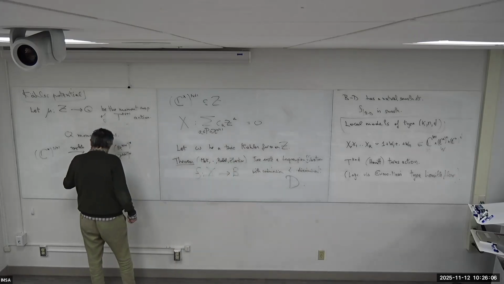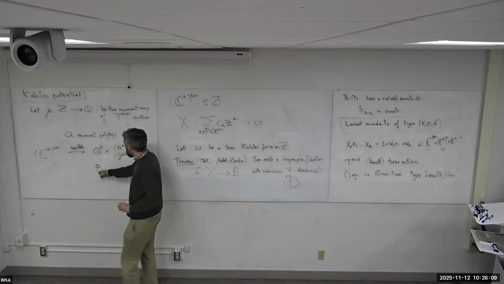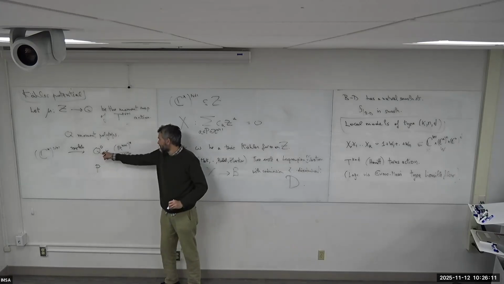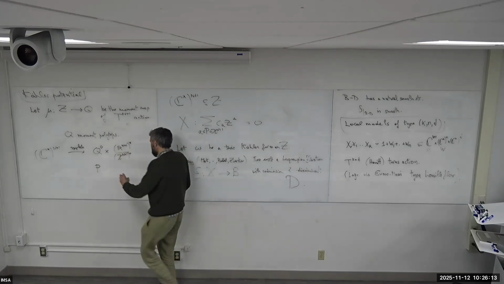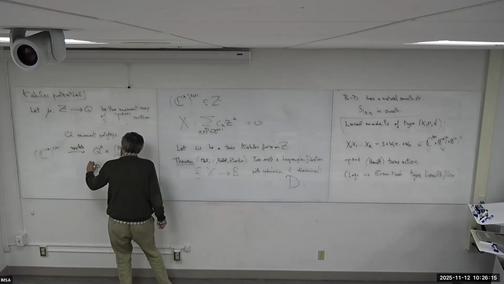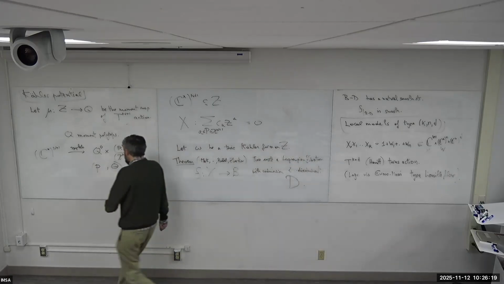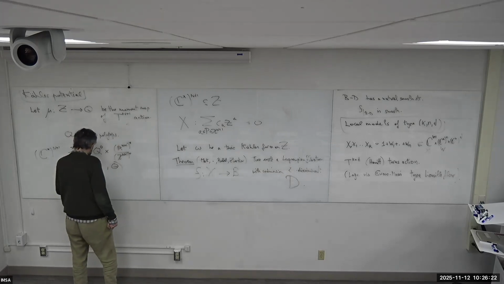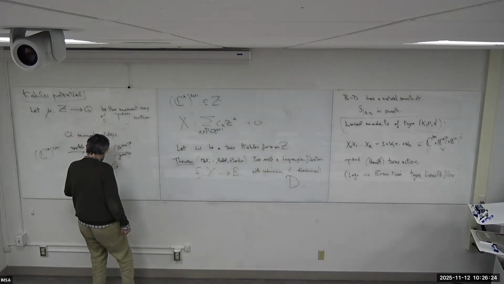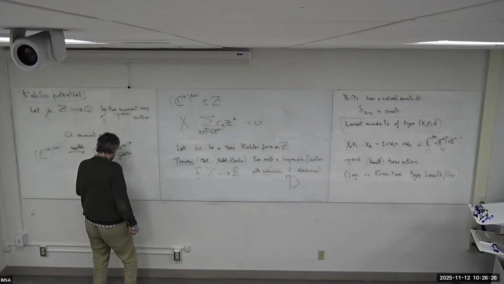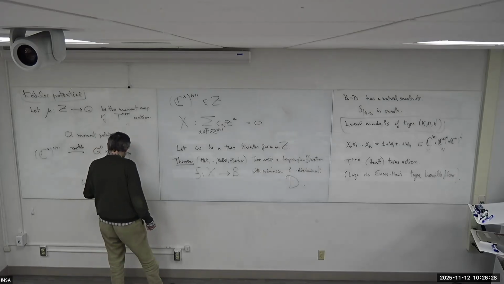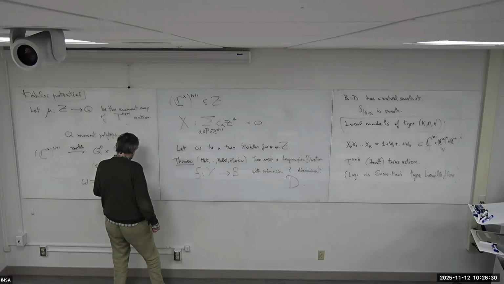So let me take coordinates p here. So p are the coordinates on Q, say Q is in R^{n+1}, and the theta are the torus coordinates. So the symplectic form is just the standard symplectic form, which is the sum of dp_i wedge d theta_i.